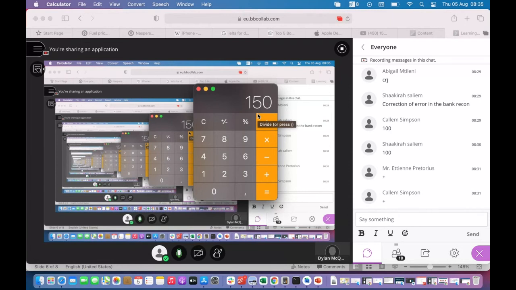In other words, this amount never should have gone off our account. So this is an error on the bank side. So we cross out that CPJ that we wrote next to it, and we write BR for bank recon.